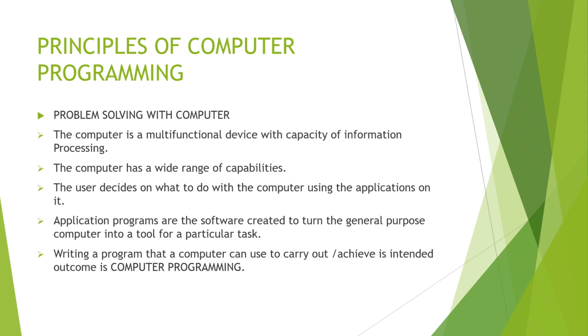Application programs are the software that are created to turn the general purpose computer into a tool for a particular task, depending on what you as a user intend to achieve, what you intend to actually get out of the computer. So writing a program that a computer can use to carry out or achieve its intended outcome is what we know as computer programming. We are going to talk about computer programming in detail as we move on.